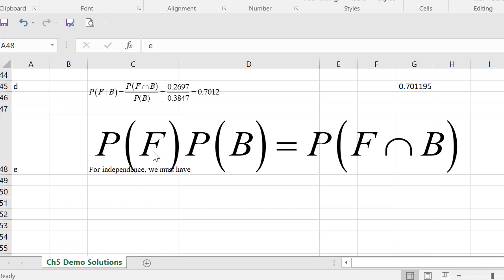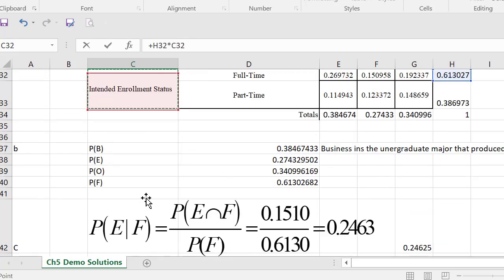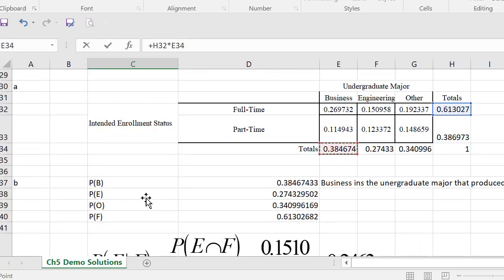So the probability of F, full-time, and the probability of business. If we look at that, that's going to be the probability of F, this marginal probability, times the probability of B, which is this value.